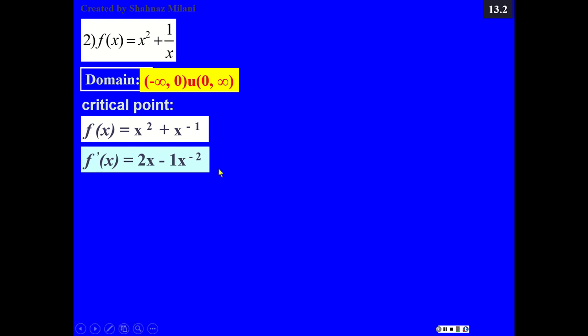It makes it easier to work if we do not have a negative exponent, so get rid of the negative exponent and move the x to the exponent 2 to the denominator. Then, this is my derivative.